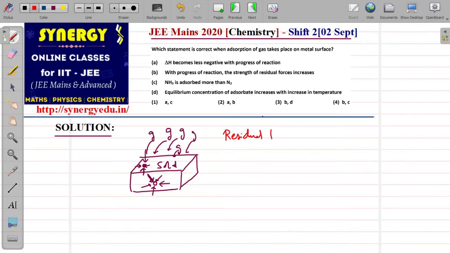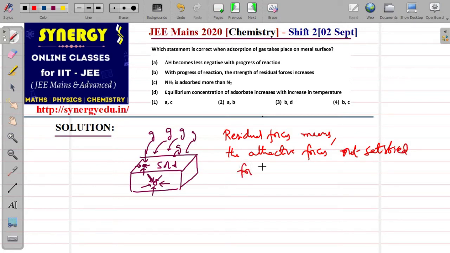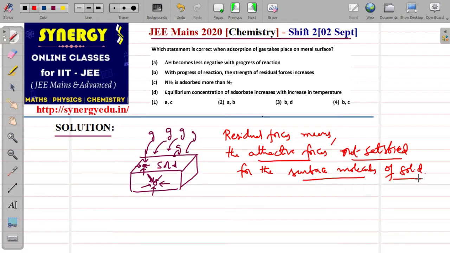Residual forces means the attractive forces not satisfied for the surface molecules of the solid, because on the surface molecules there are no other molecules on top of them to satisfy that attractive force.